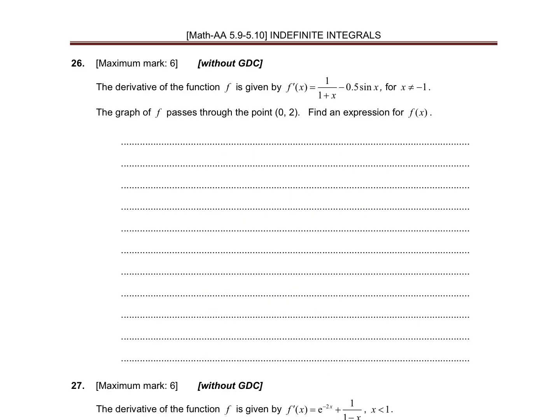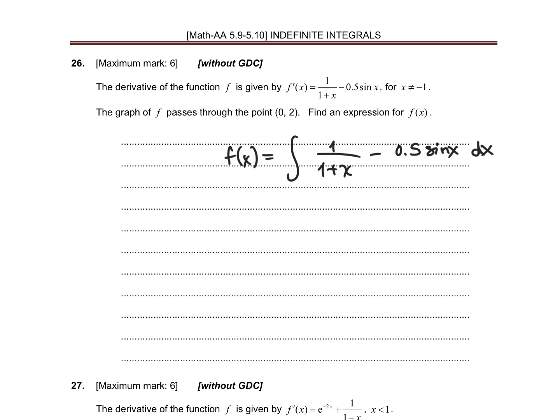minus 2. All right, 26, we've got the derivative of the function. We've got a point, so we're doing the same thing. F of x equals the integral of 1 over 1 plus x minus 0.5 sine x dx.